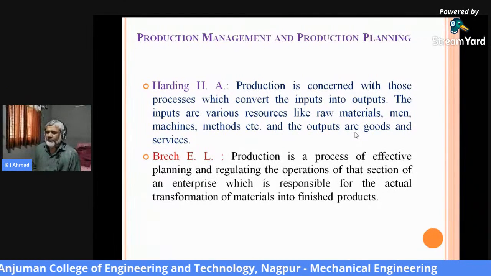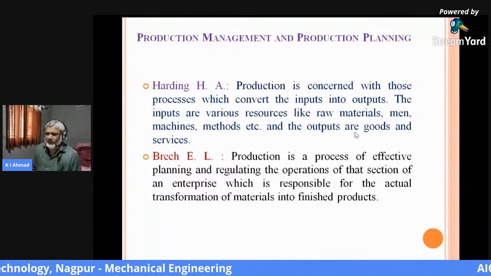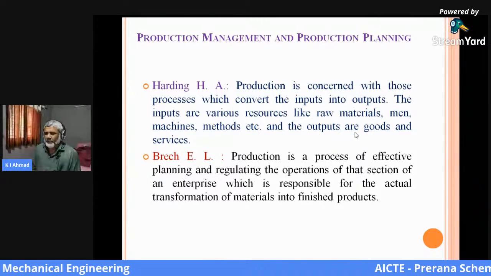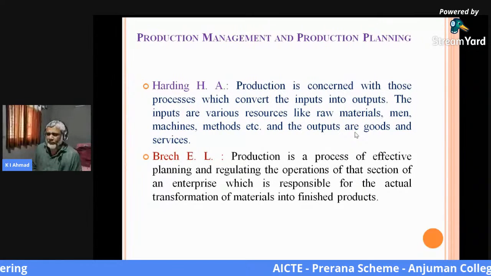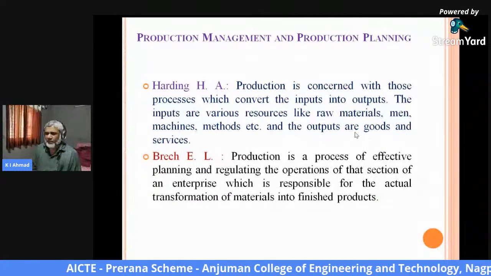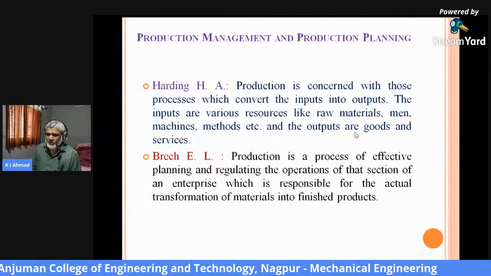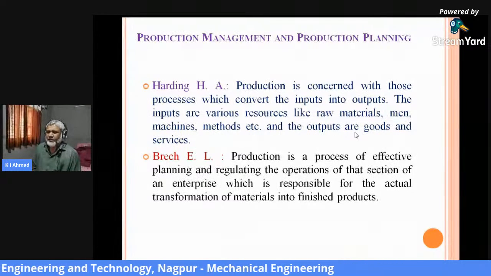This can be achieved with the help of a process, and there are various types of processes available in the industries where different raw materials are converted into usable components or usable products with the help of man, machine, and methods.